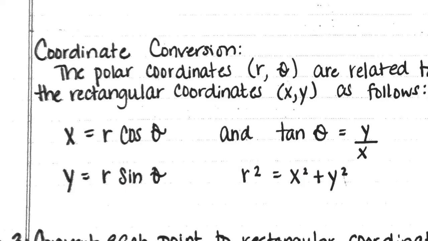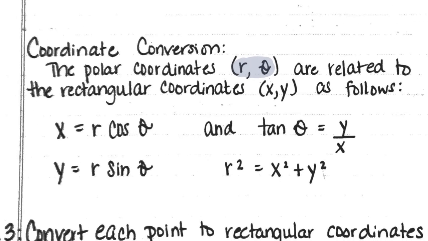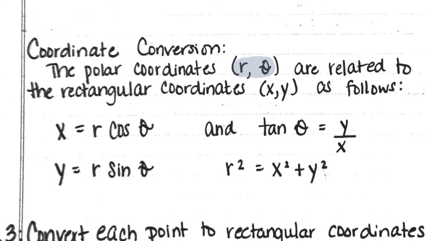The next thing that we need to learn is what we call coordinate conversion. The polar coordinates, r and theta, are related to the rectangular coordinates, x, y, as follows. So x is equal to r times cosine of theta. y is equal to r times sine of theta.